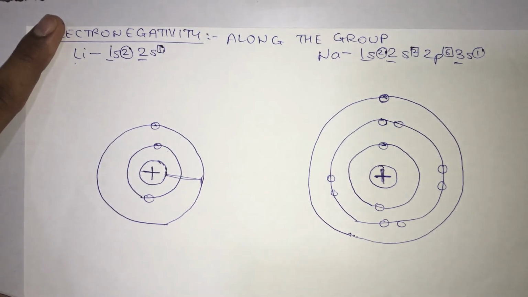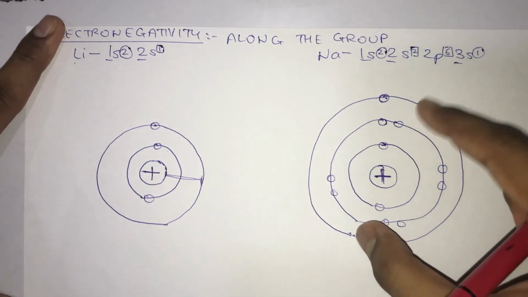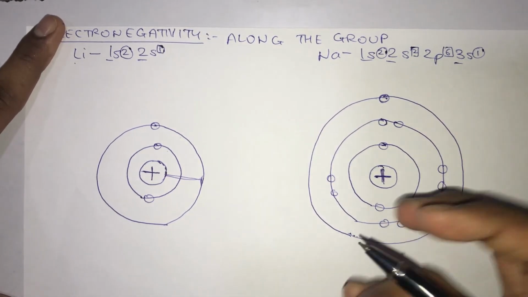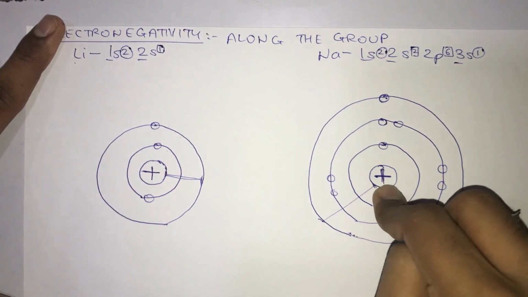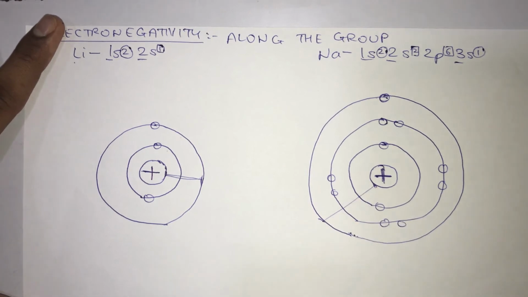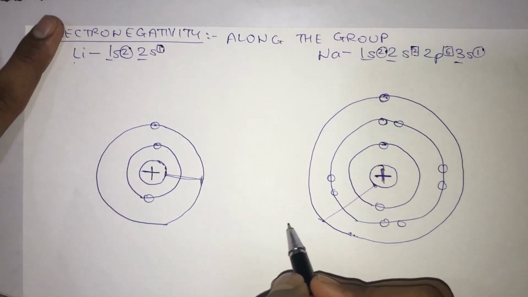Whereas this sodium atom is bigger in size. So since it is bigger in size, can I say that the nuclear charge has to cover a longer distance to attract an electron which is somewhere closer to it?